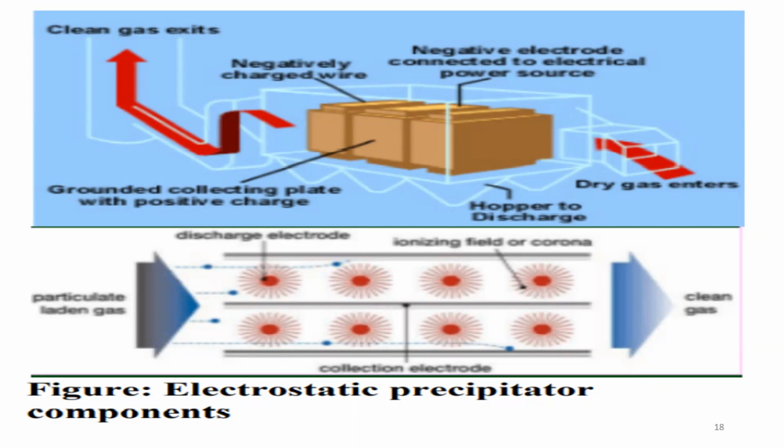The negative electrode is connected to the electric power source, and negatively charged wires are connected to this precipitator. Due to this negative electrode, the positive or ionized particles can be attracted to this part, and the remaining clean gas can be separated out.